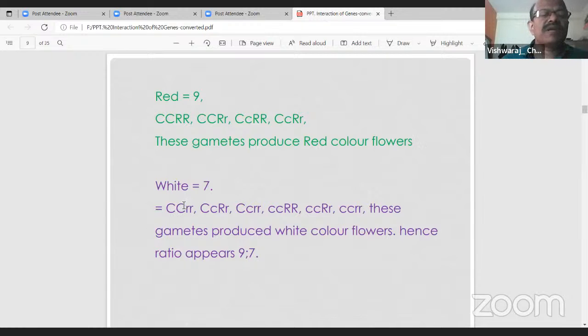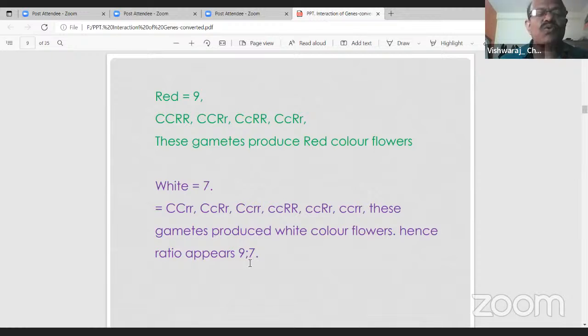And capital C, small r, small r; capital C, small c, capital R, small r; capital C, small r, small r; small c, capital R, small c, capital R, small r; small c, small r, small r. These gametes produce white color flowers.